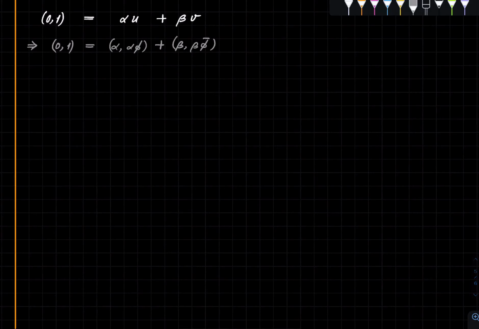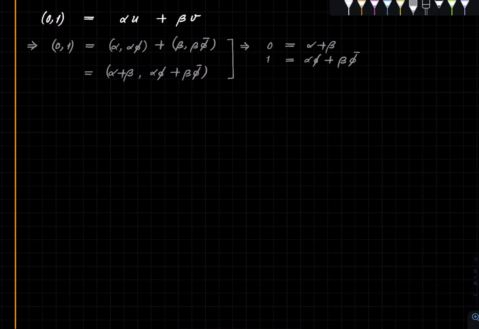which is equal to (alpha plus beta, alpha phi plus beta phi bar), which implies 0 is alpha plus beta, and 1 is alpha phi plus beta phi bar.